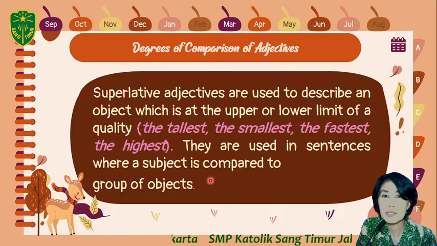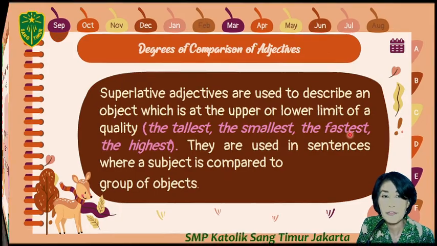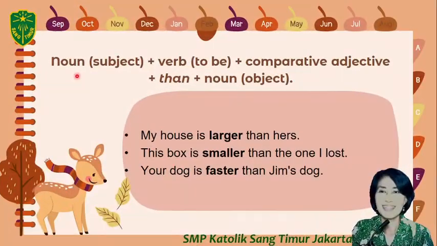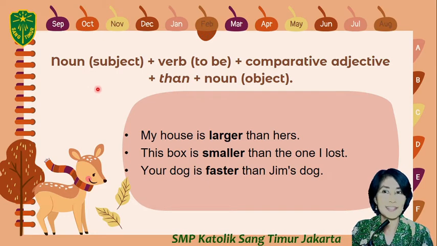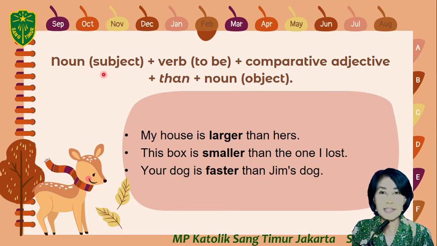Remember, when you use superlative adjectives, you have to put the in front of the adjective. The tallest, the smallest, the fastest, the highest. Here is the pattern for using comparative adjectives in sentences: noun, subject, verb to be, comparative adjective, then noun.